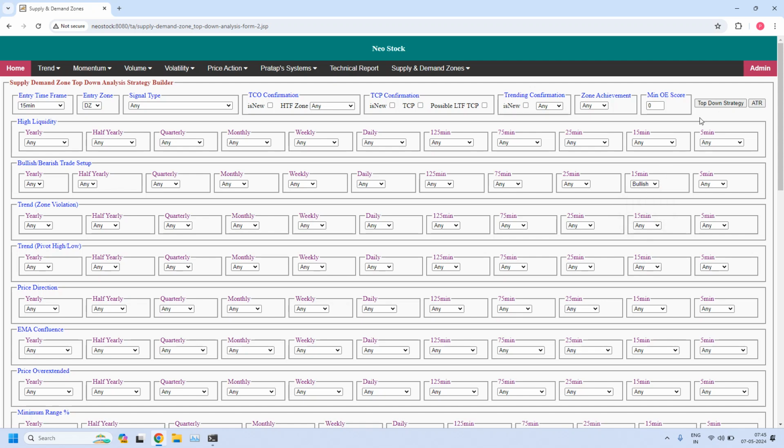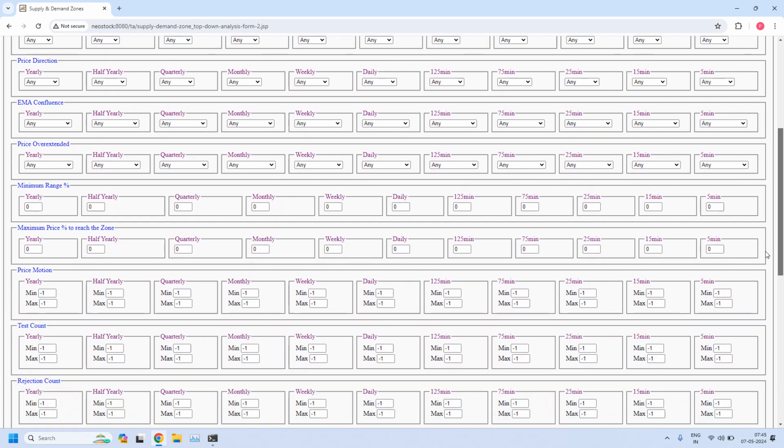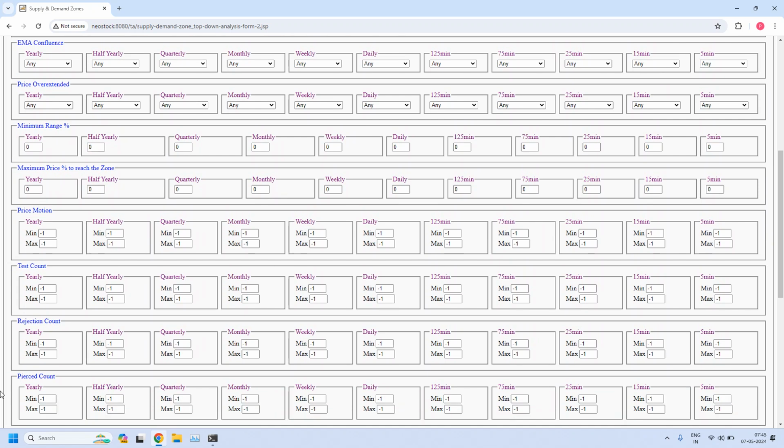Now you can generate the report, but we want to filter based on certain parameters, especially 3 parameters. The first parameter is we don't want pierced zones. Our entry zone should not be pierced. Entry zone is demand zone, that is what we already set.